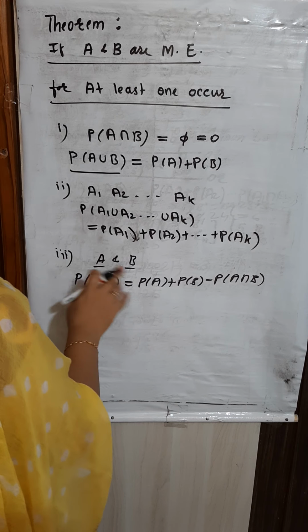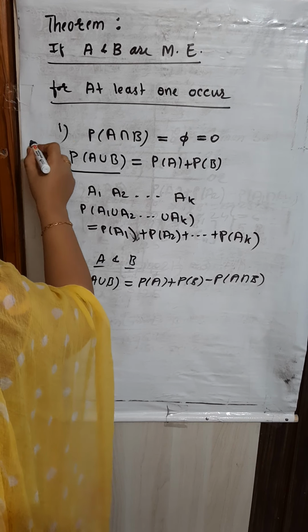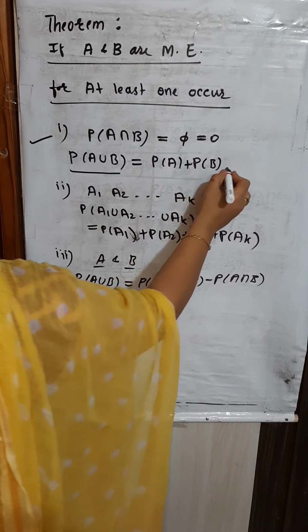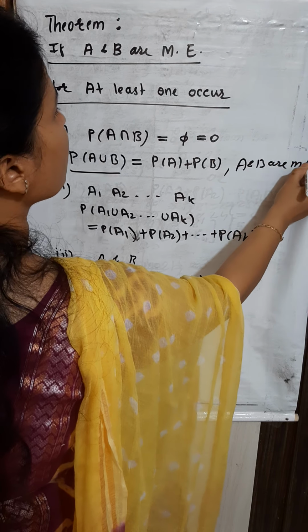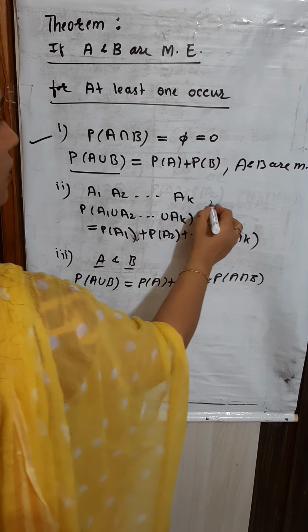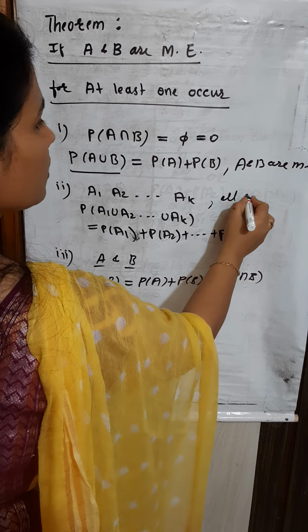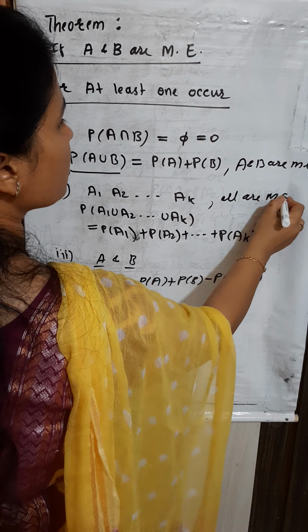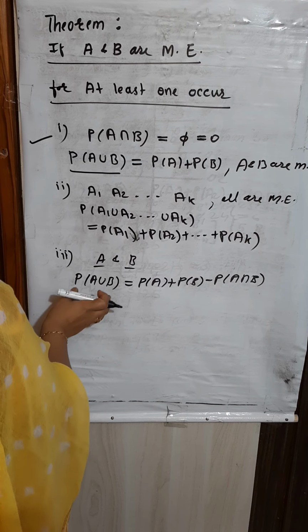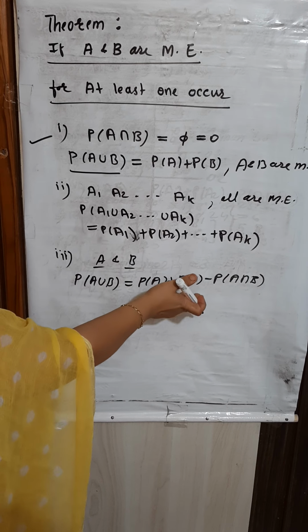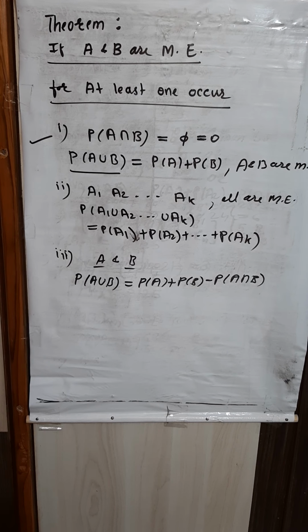Because here it is not given that A and B are mutually exclusive. In the earlier questions, A and B were mutually exclusive. But if 2 are not mutually exclusive, then the probability of at least one of them occurring can be found by using this formula.